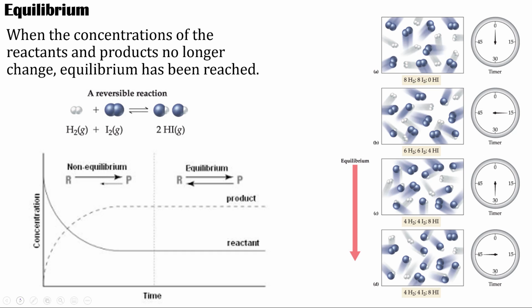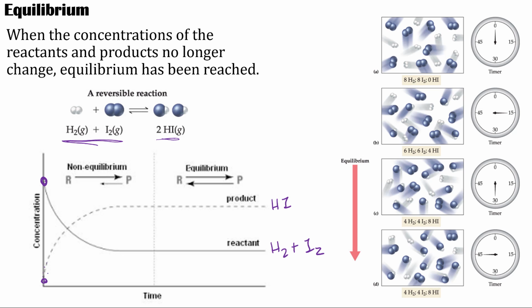All right, so when the concentrations of the reactants and products no longer change, equilibrium has been reached. If we look at the graph down here at the bottom, this is the reaction of hydrogen and iodine making 2HI. The product is the dashed line, so that's HI, and the reactant is the H2 and the I2. We start out with reactant and no product.